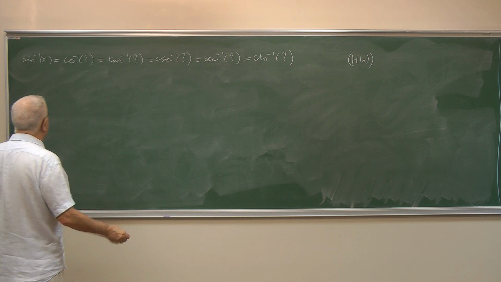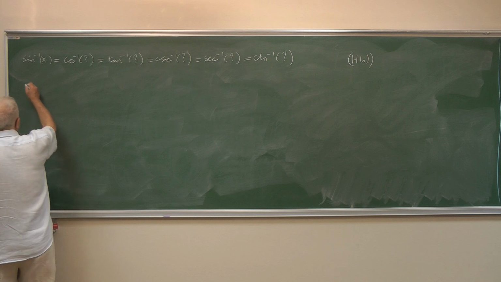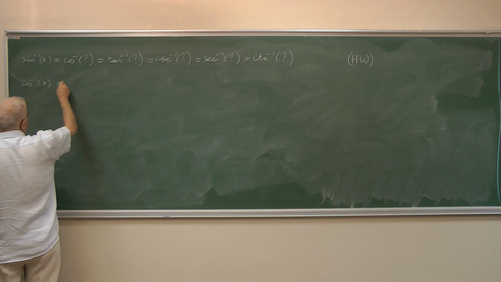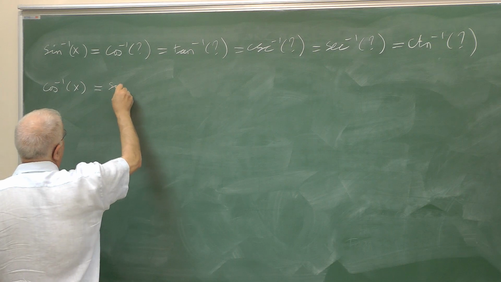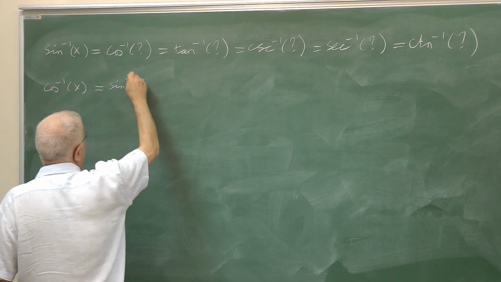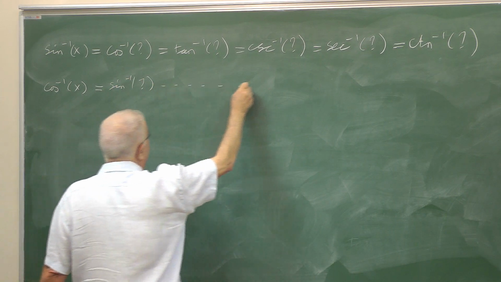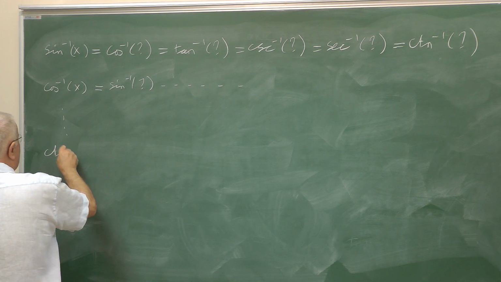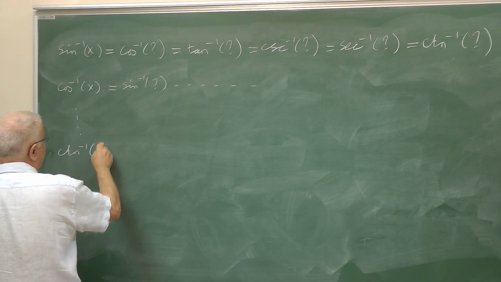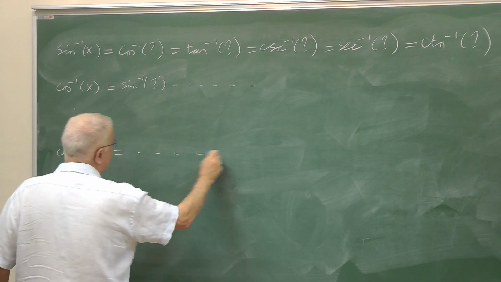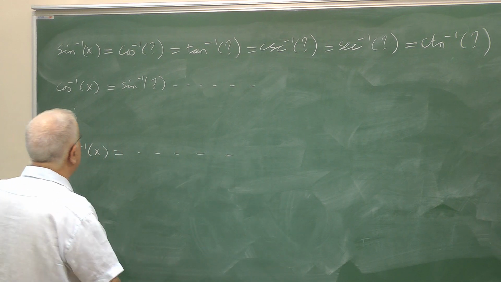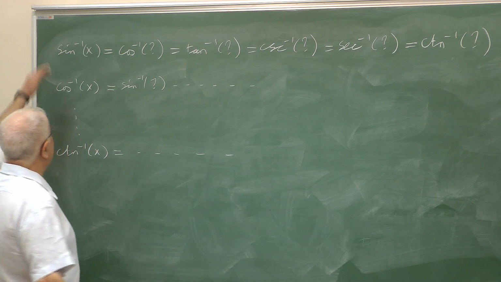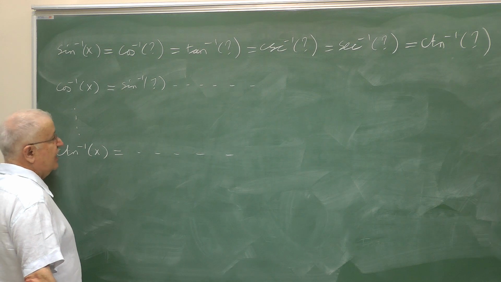Are we done? No, because there is inverse cosine x equals sine inverse question mark, etc. And we'll go all the way to inverse cotangent x equals. So 5 question marks, and there are 6 lines.